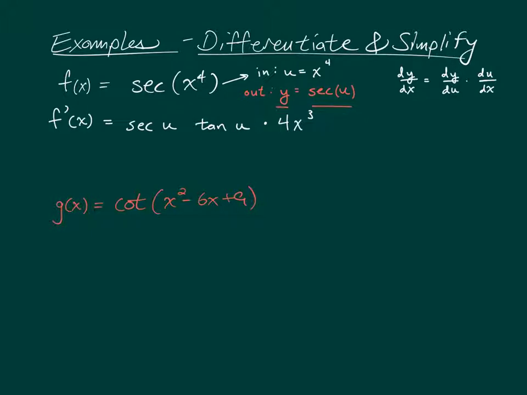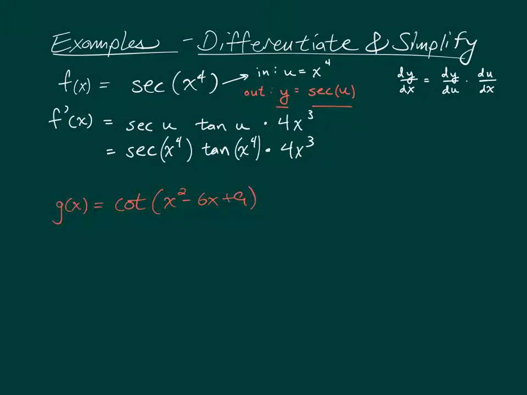So in order to fix that, we will go back and substitute this x to the fourth power back in for u. So this will be secant of x to the fourth power tangent of x to the fourth power times 4x cubed.